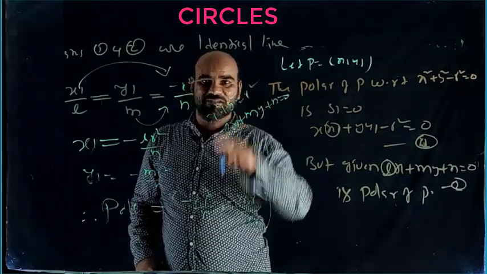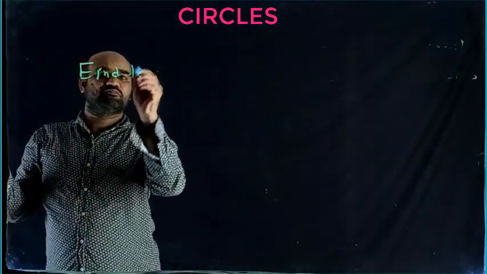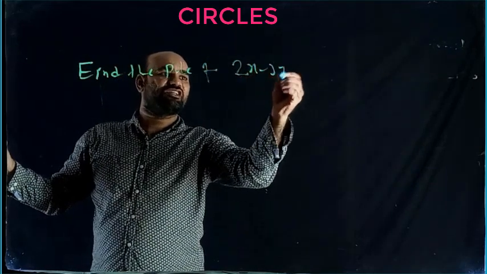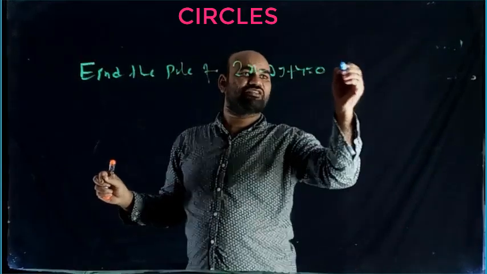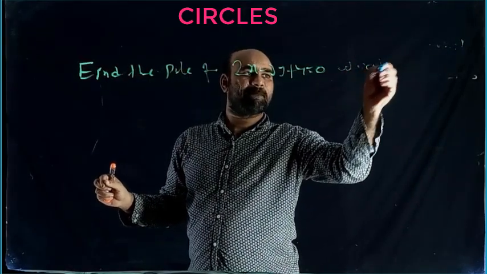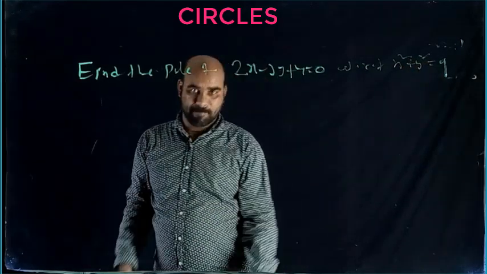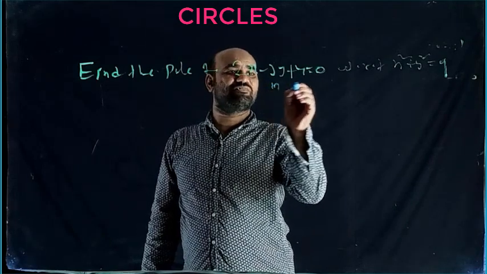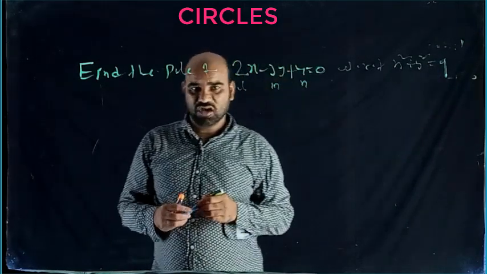Example: find the pole of 2x minus 3y plus 4 equal to 0 with respect to x square plus y square equal to 9. Just like this, this is L, this is M, this is N. This 9 means r square is 9 only.